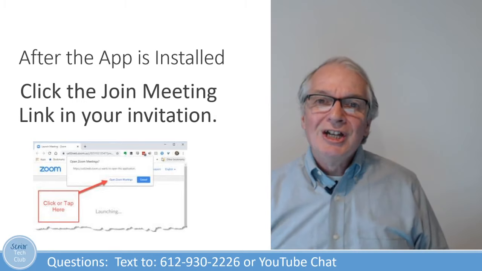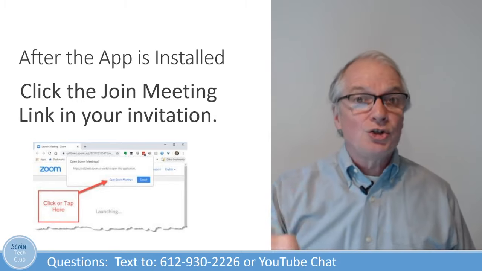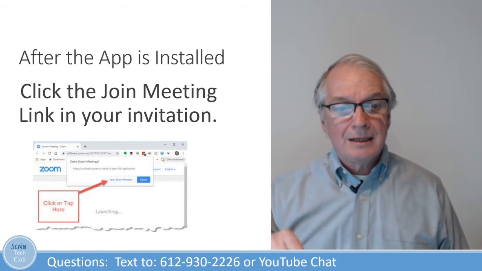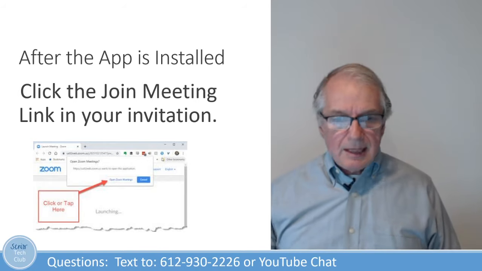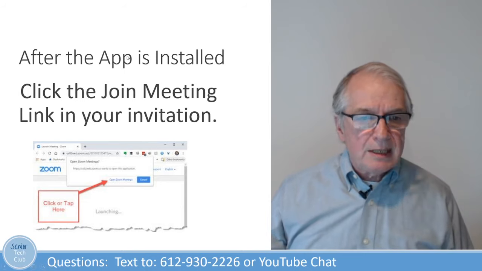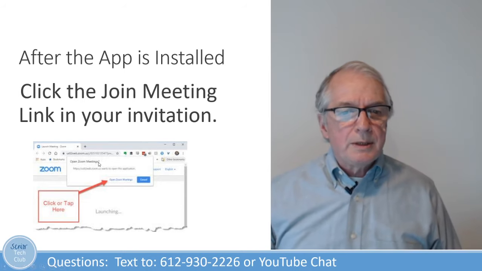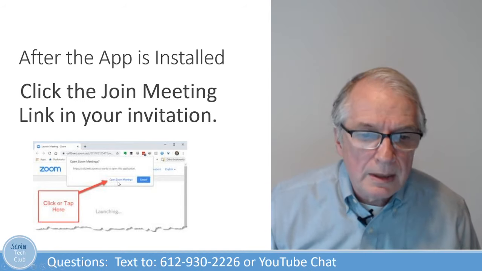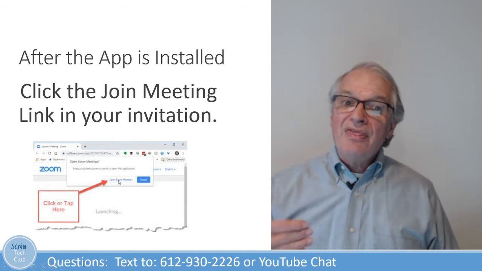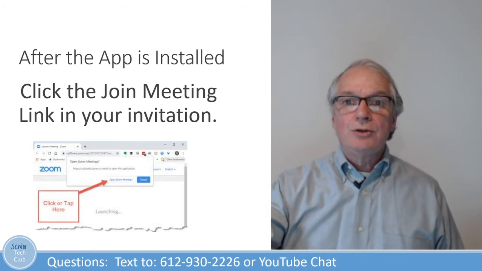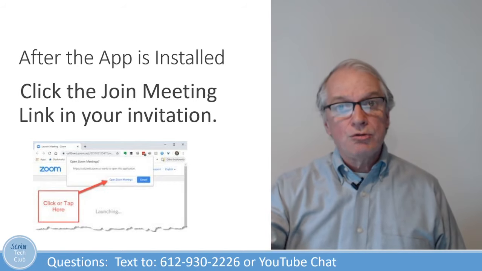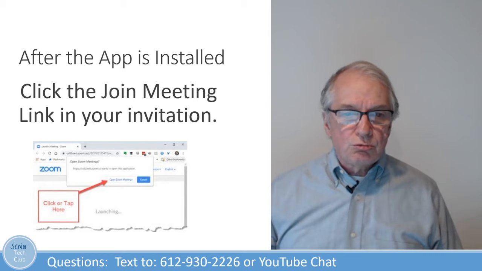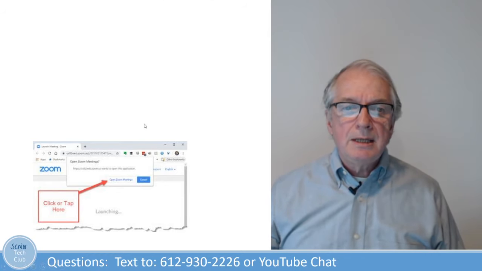All you have to do is to click on that Join Zoom Meeting link. You will then get a message very similar to what you see on the screen where it says Open Zoom Meetings. You would click or tap on Open Zoom Meetings, and that will take you right into the application, the Zoom app, and bring you right into the meeting.